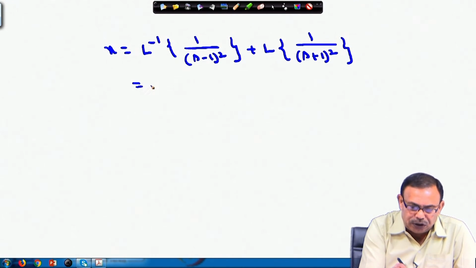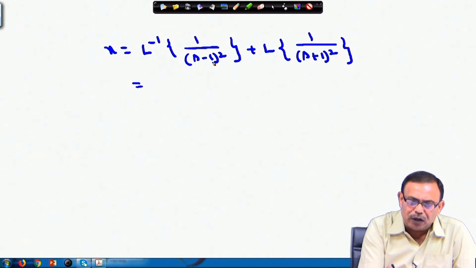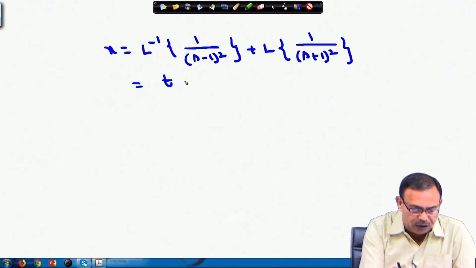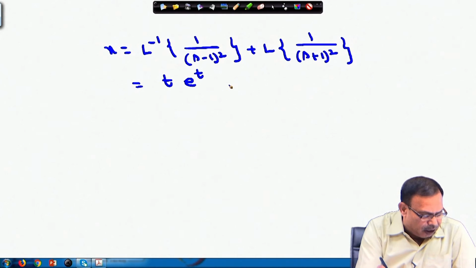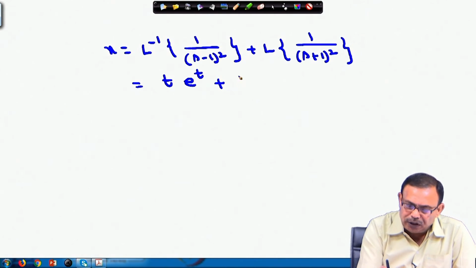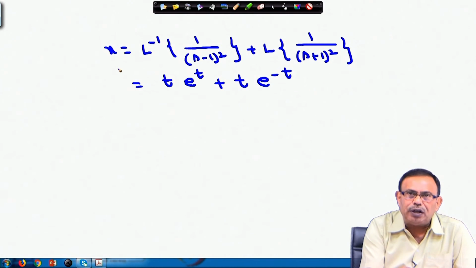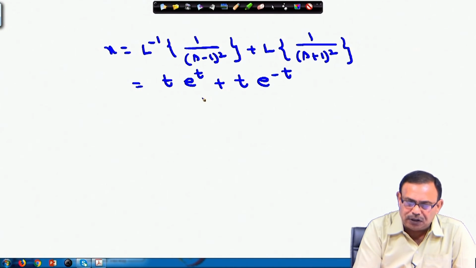I am writing it directly, because e power t into 1 by s square will come using that property, since we are almost going to the end of the Laplace transform. So, directly I can write down this will be t into e power t, and this will be plus t into e power minus t. So, you see now I obtained the value of x as t e power t plus t e power minus t.